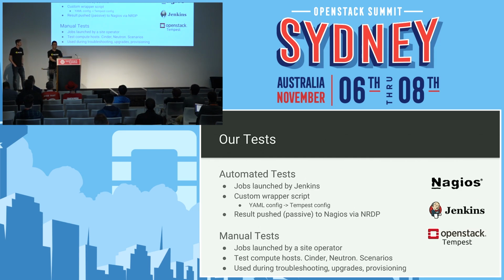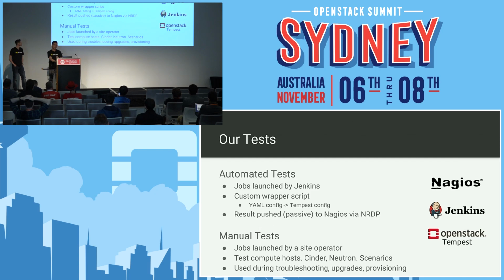So we have a custom wrapper script that will take a YAML config, and it will generate a Tempest config. This Tempest config is valid for one run, so you can generate a Tempest config for, say, a run against the production cloud, against a particular site, and against a particular host. And then Jenkins would go and kick off this run and get the output.